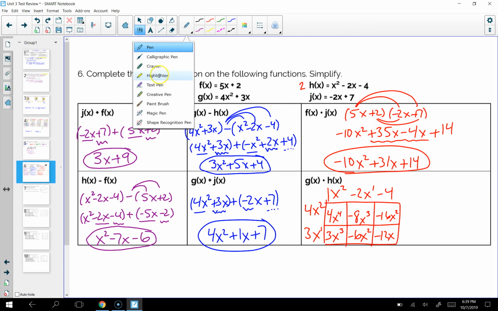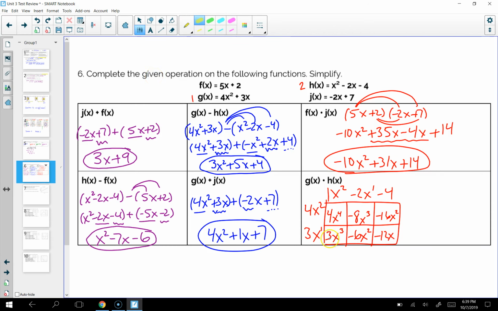Alright, after we do this, we are looking for common terms. So I see these pieces have an x cubed, and I see these pieces have an x squared. So when I go write my final answer, highest exponent first, which is 4x to the 4th.